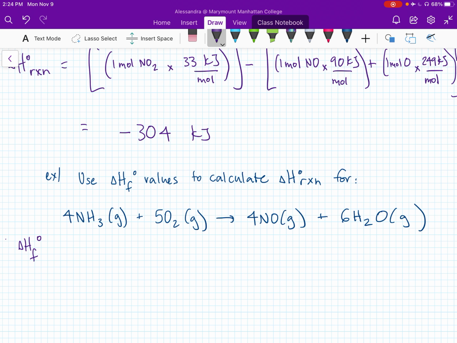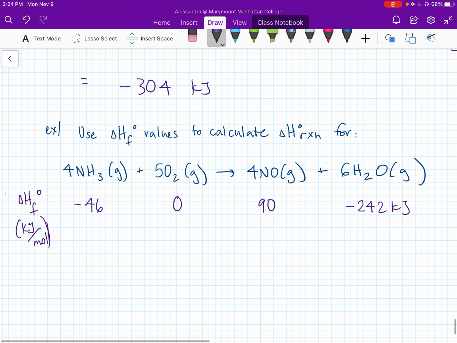I'm going to write them all down in kilojoules per mole of each compound. NH3 is minus 46 kilojoules per mole. O2 is in its pure state, and any element in its pure state has a standard heat of formation of 0. NO, we actually just used that one, is 90 kilojoules per mole. And gaseous water is minus 242 kilojoules per mole.